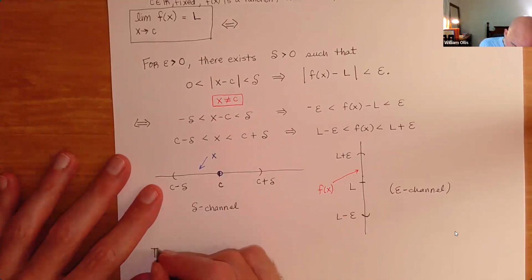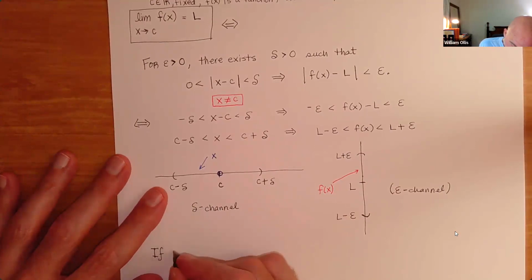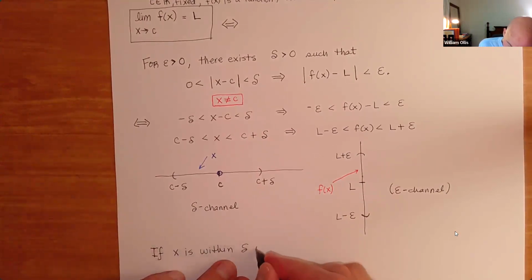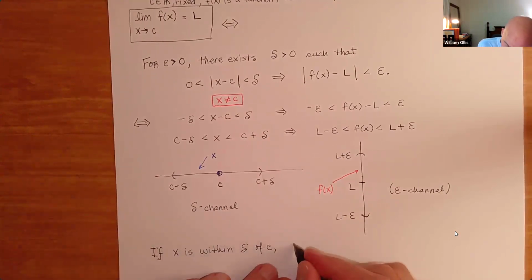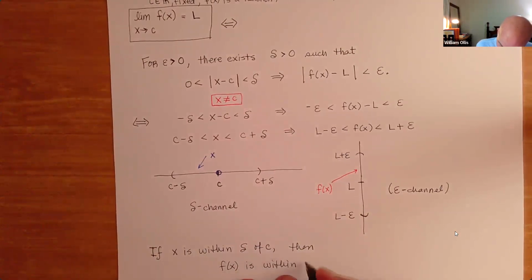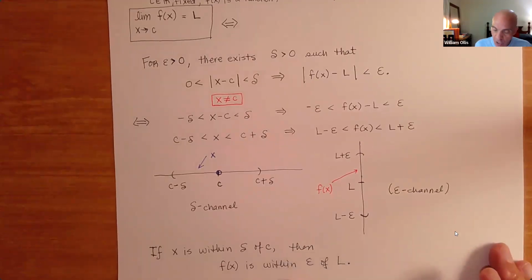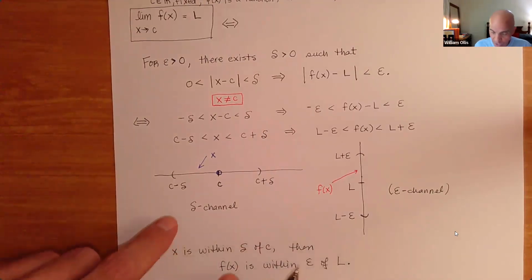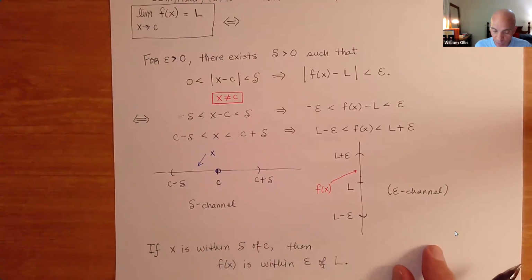If X is within delta of C, then f of X is within epsilon of L. So the idea is, this is just stating the delta channel and epsilon channel in other ways.